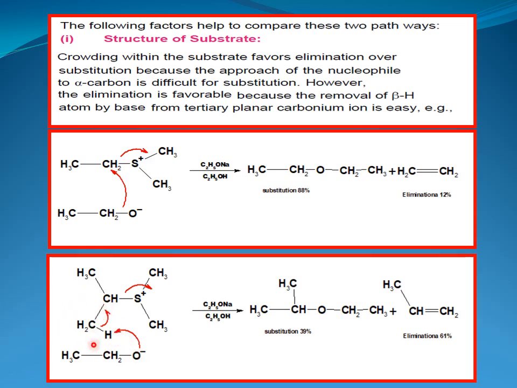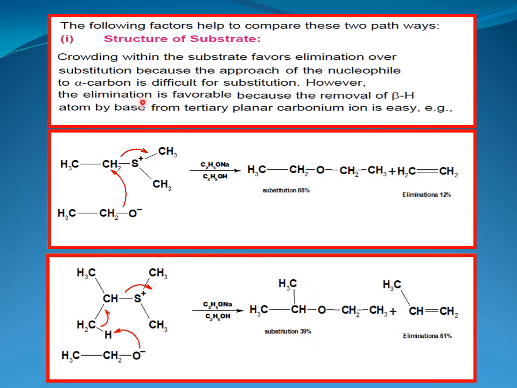Because of the crowding, this nucleophile is going to abstract a proton, and this bond will shift between these two carbon atoms, eliminating SCH3 whole twice and giving you the elimination product. You can see the percentage, it is 61%, whereas the substitution product is only 39%.